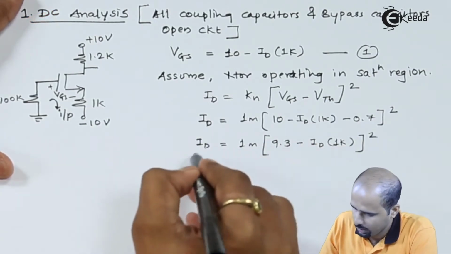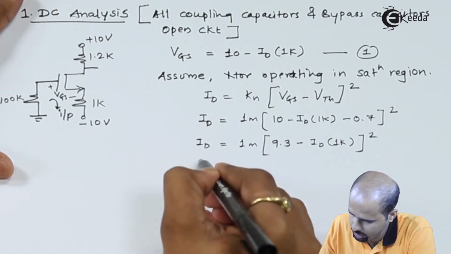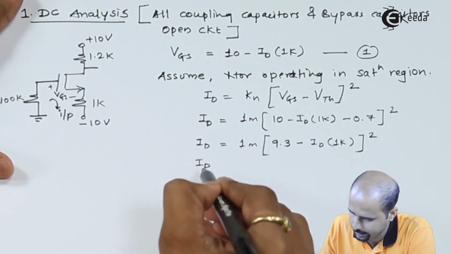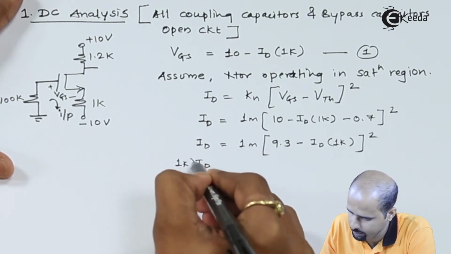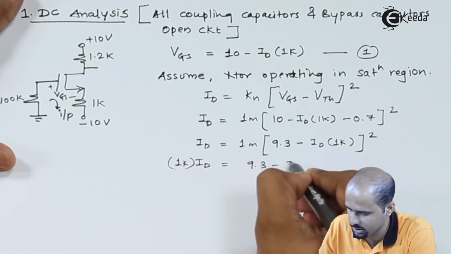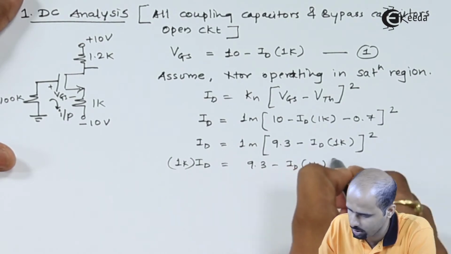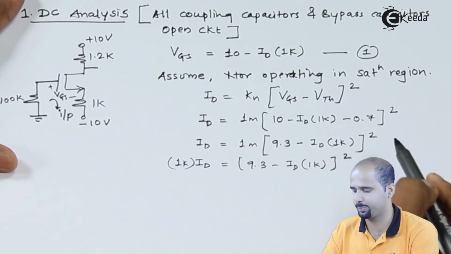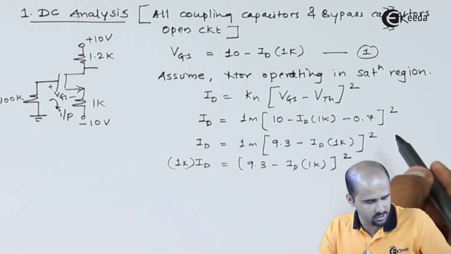Okay, so this will be ID into 1K equal to 9.3 minus ID into 1K the whole square. Okay, so we solve this equation.